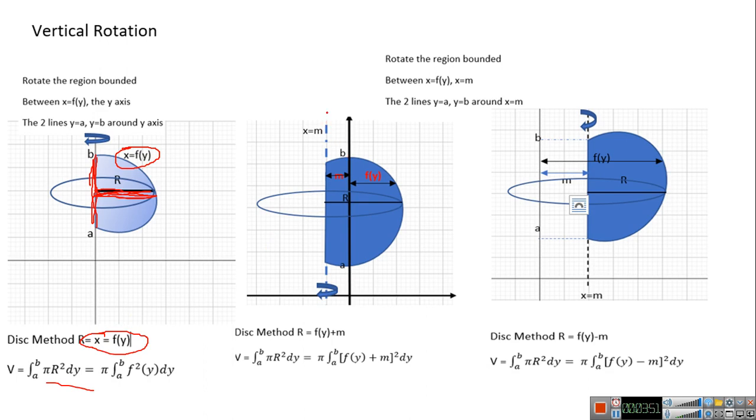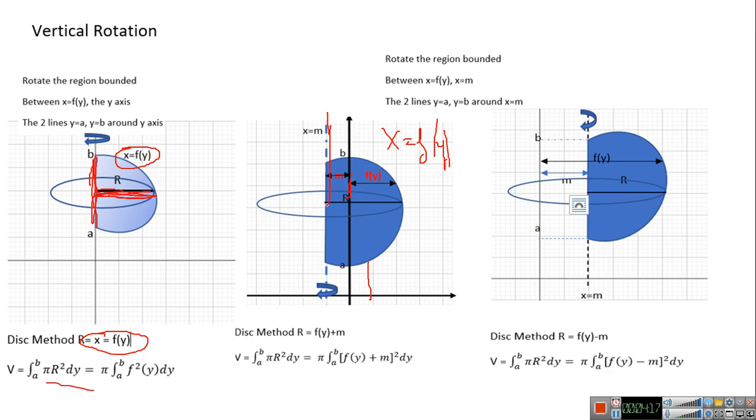And if you want to rotate it across y equal to m here, you all know from the x-axis to the function, it's y, f means y and f are the same. Here it's not y, it's f of y, because we have x equal f of y, because the rotation is vertical.